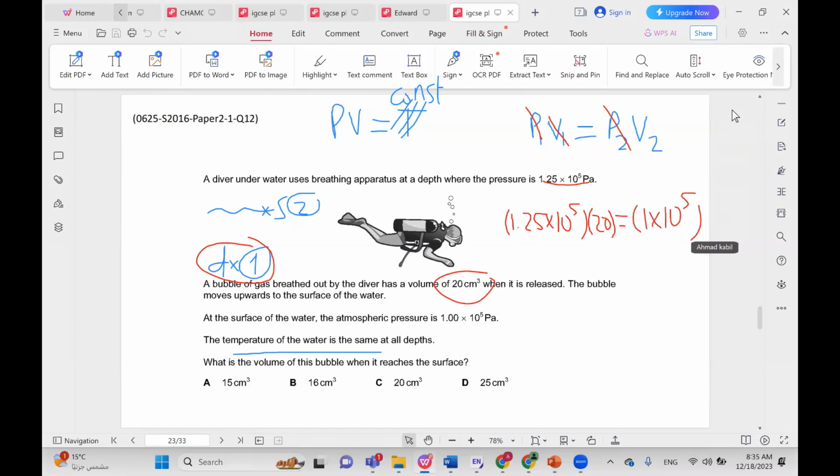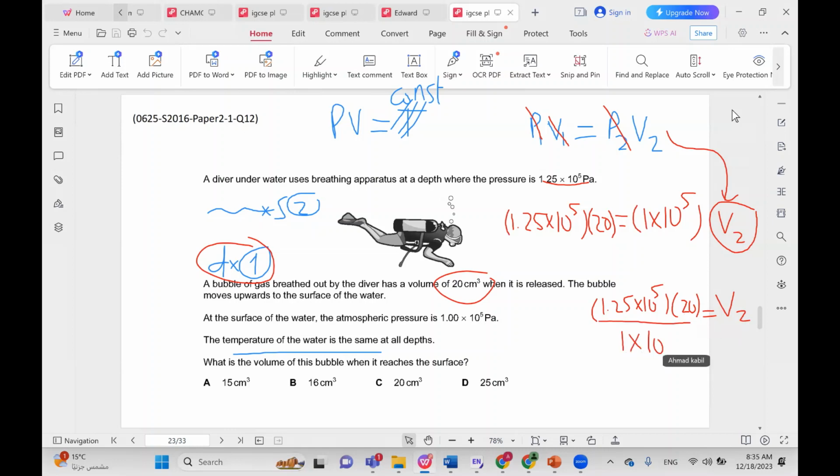And obviously we need to find V2, which is the volume of the bubble at the surface. So how do we find V2? This is mathematical. So V2 equals 1.25 times 10 power 5 times 20 divided by 1 times 10 power 5.